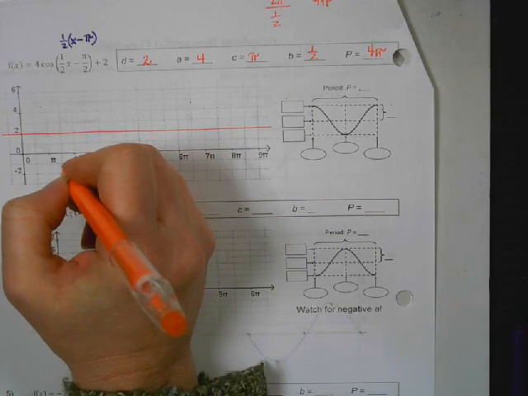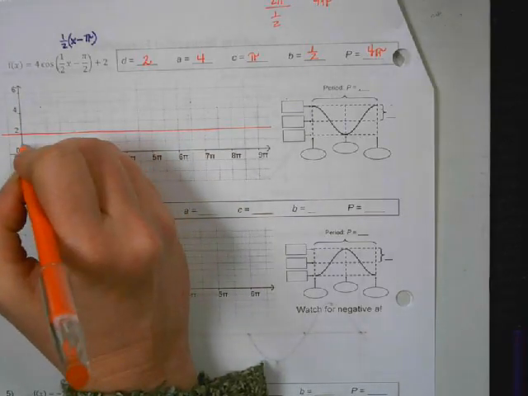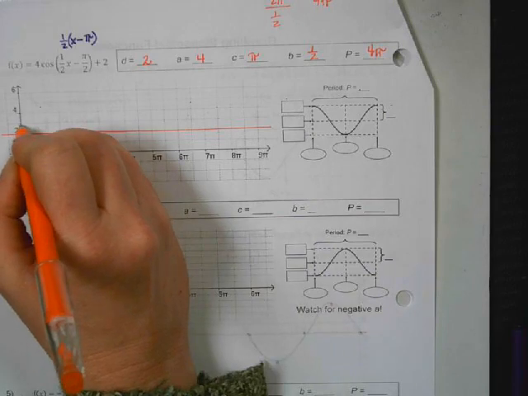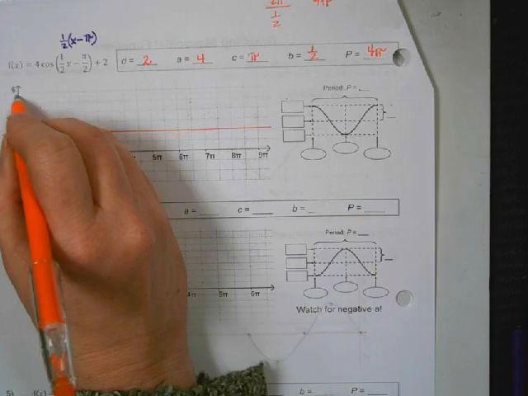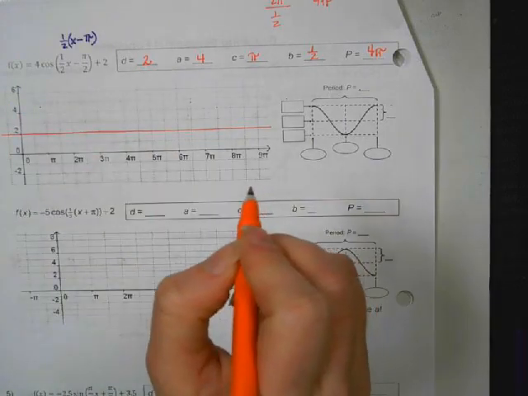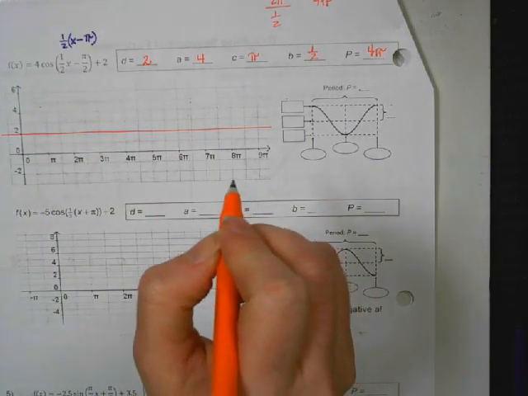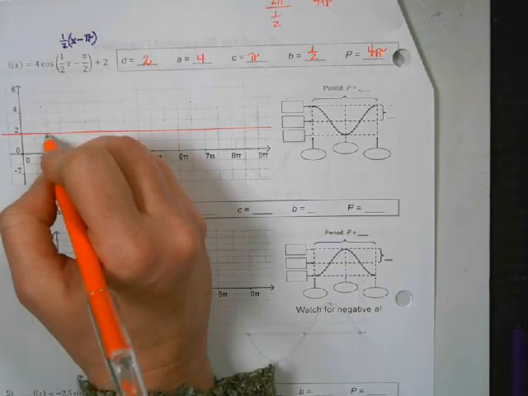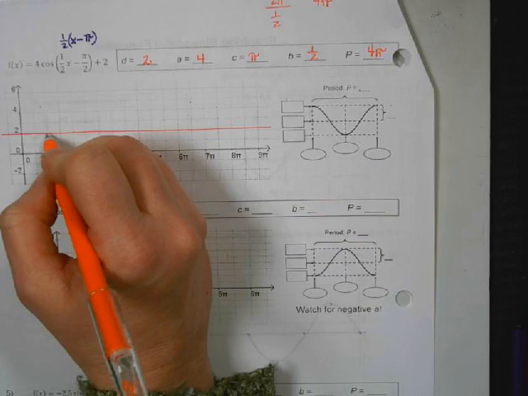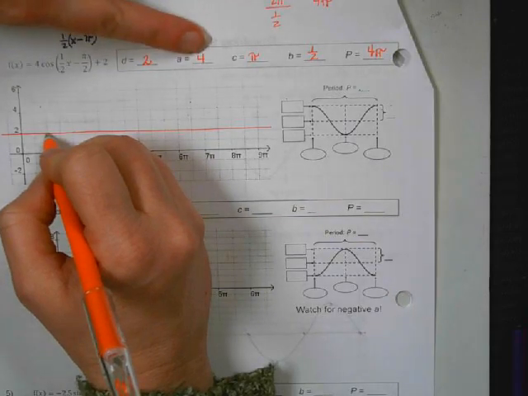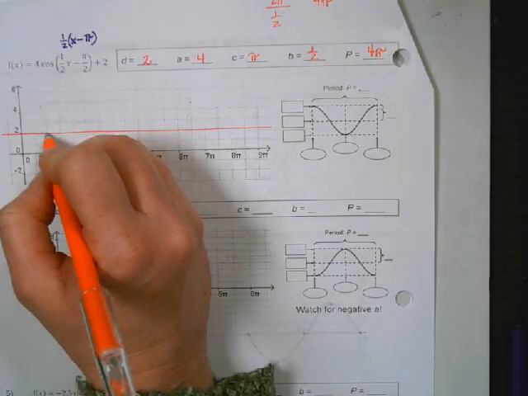Is our starting point pi over 2? Well, if it was sine, it would be, but it's cosine, and we have an amplitude of 4. I mean, am I wrong here?